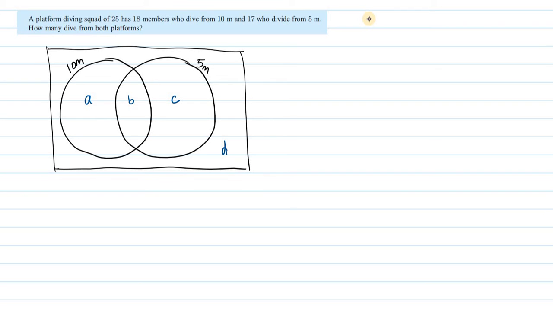We know that the region that represents the 18 members, which is A and B, represents the 10 meters. We also know that the region that represents the 5-meter platform divers, which is B and C, should represent 17 people. Does that make sense?